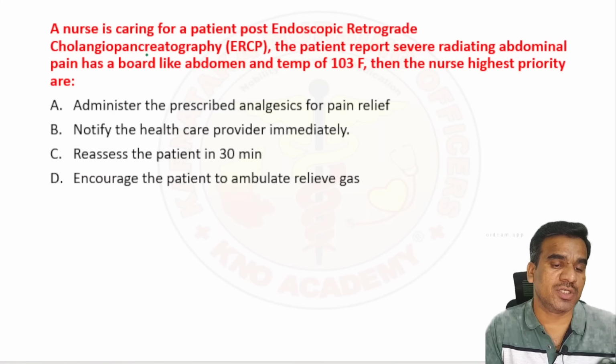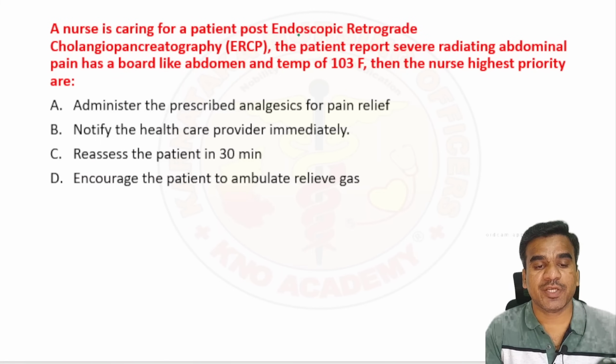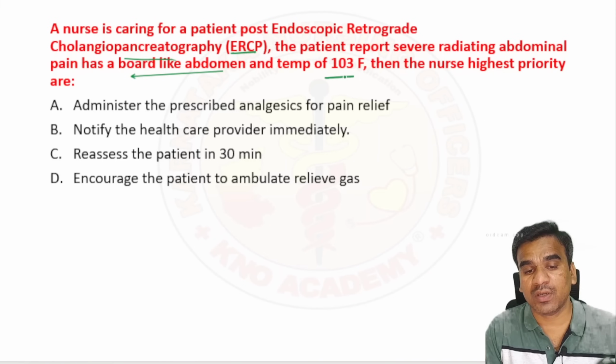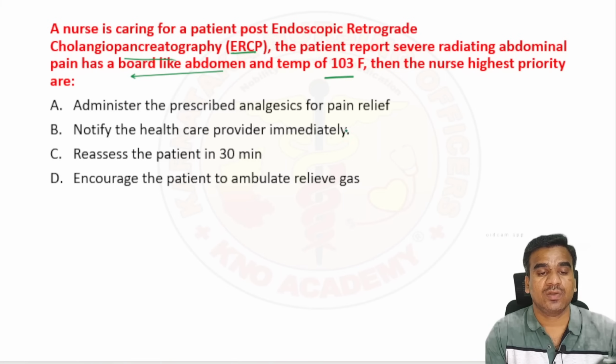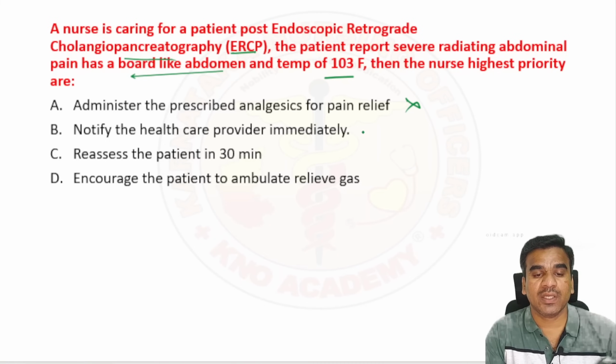And the next question, a nurse is caring for a patient post endoscopic retrograde cholangiopancreatography, that is the ERCP. The patient reports severe radiating abdominal pain, has a board-like abdomen, and don't forget this, a temperature of 103 Fahrenheit. Then the nurse's highest priority is: administer the prescribed analgesic for pain relief? No. Notify the healthcare provider immediately?